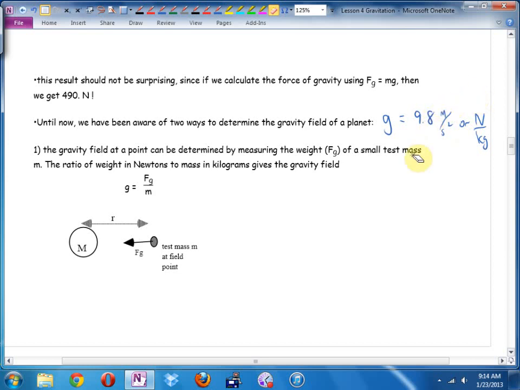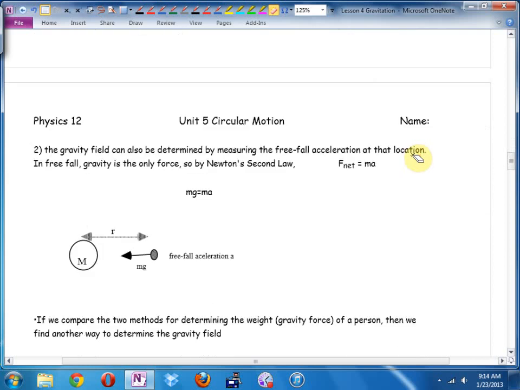The second method was to drop an object and measure its time in free fall. We can get 9.8. I think all of you tried that last year in Physics 11. Some of you got close to the 9.8. We were a little off because of reaction time, but we could see, yeah, good equipment, it could be done. Okay? If we compare these two methods, it's going to give us a third way to calculate the gravitational field.